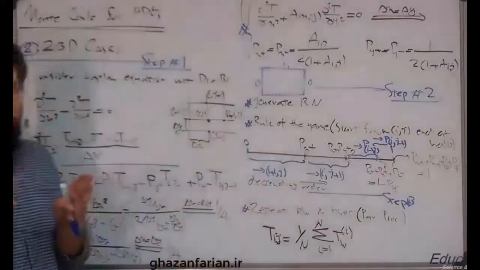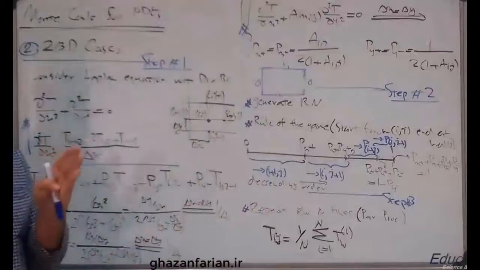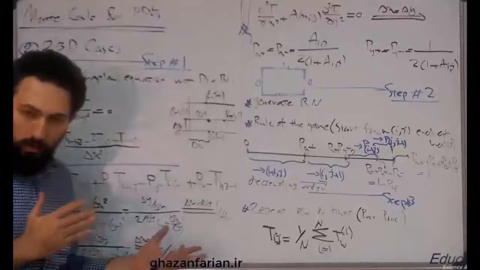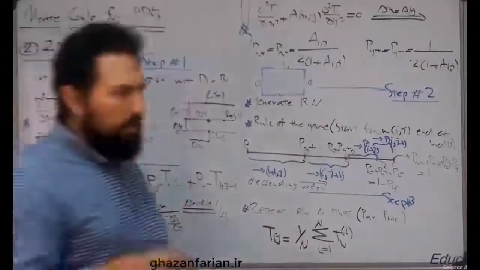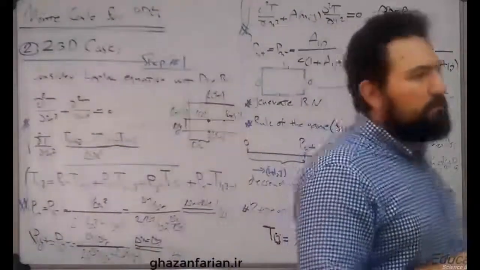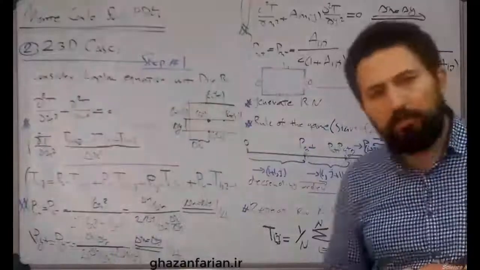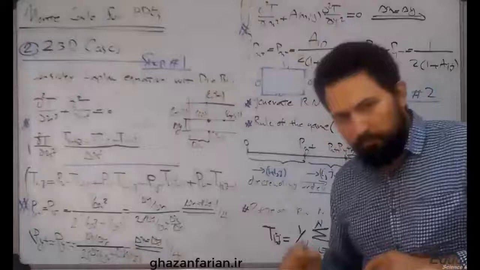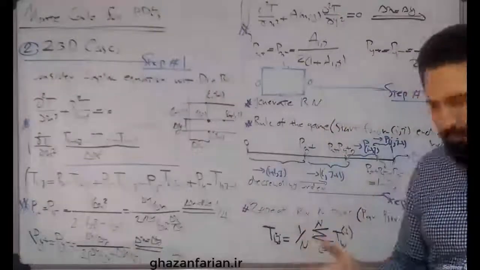If it is greater than 1/4 and less than 2/4, you will go to the upper point, and so on. So based on the magnitude of the random number, you will decide to move or travel from the central point to the neighboring point. This is the random walk process.